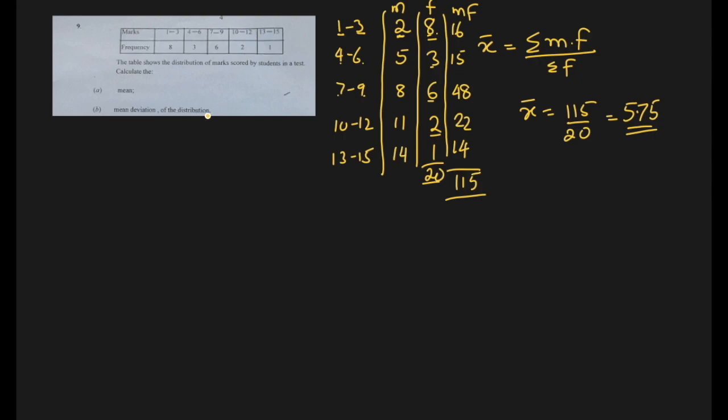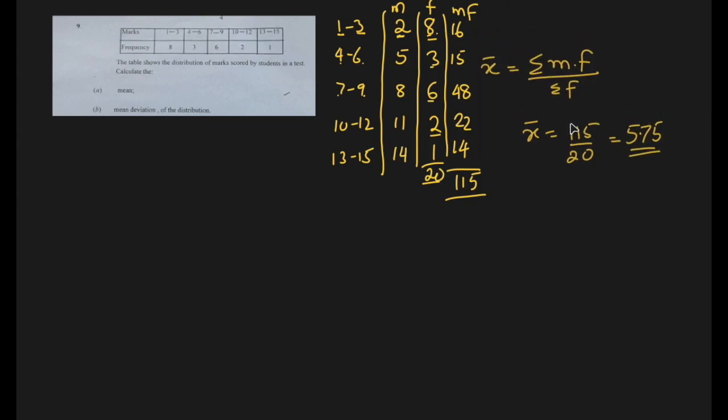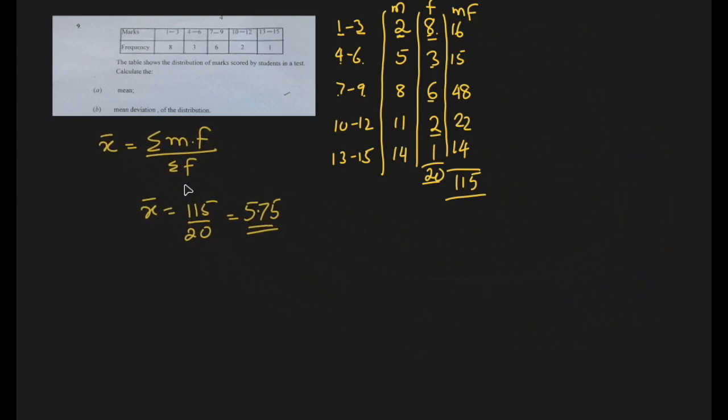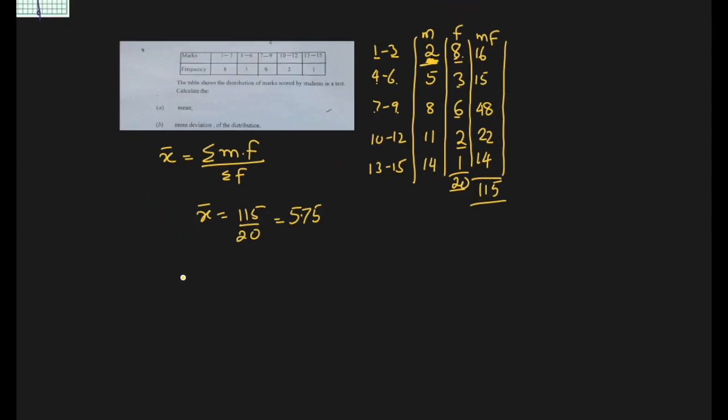Mean deviation of the distribution. Now, to find the mean deviation, we should know first of all the deviation. So let me make space here and add one more column. And let's write the formula for the mean deviation. It is sigma of absolute m minus x bar multiplied by f, divided by sigma f.